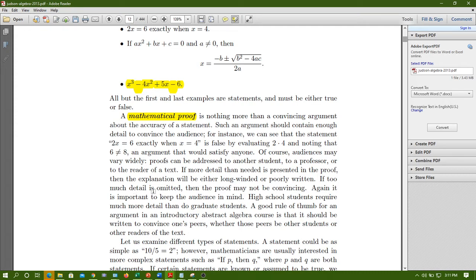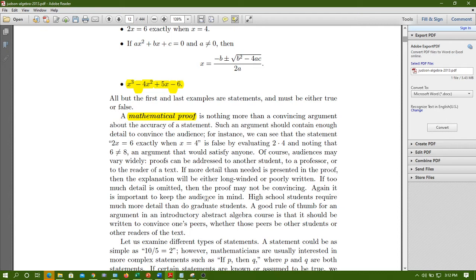Not too long, not too detailed, and not too little detail. Again, it is important to keep the audience in mind. So whether you are writing the proof for another student, for your professor, or for the reader of your assignment or the book that you are writing, you should keep in mind that it should have enough details, not too long and not too short. High school students require much more detail than do graduate students.